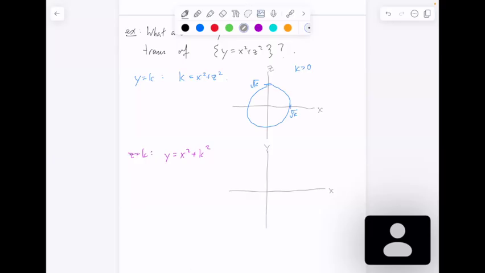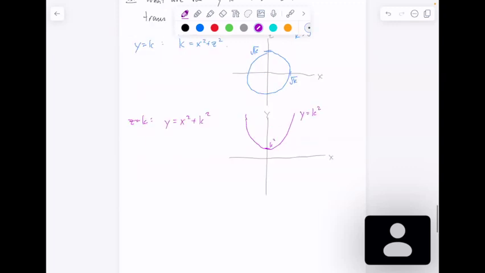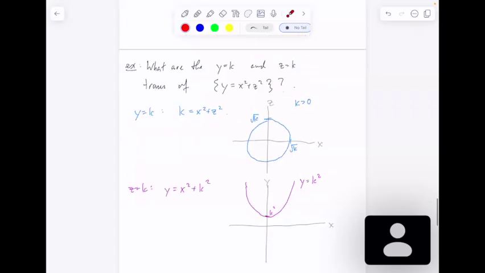Well, not a cylinder quite yet. Remember, the traces are curves. So this is quite honestly just a parabola, but translated, so it's close. This is a parabola that's translated by k squared. And this is kind of symmetric, right? If I ask for the x trace, it's the same thing.